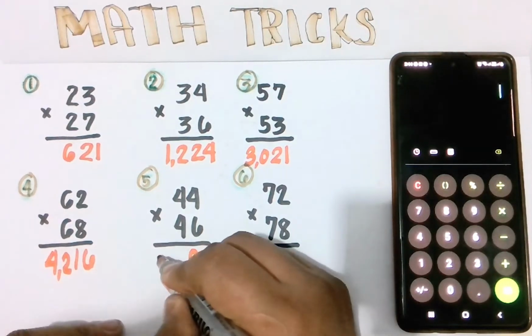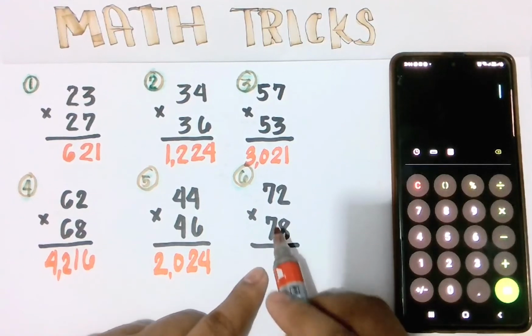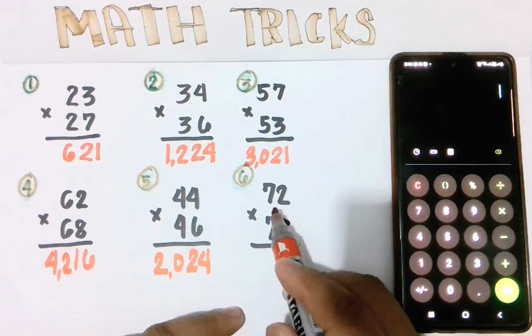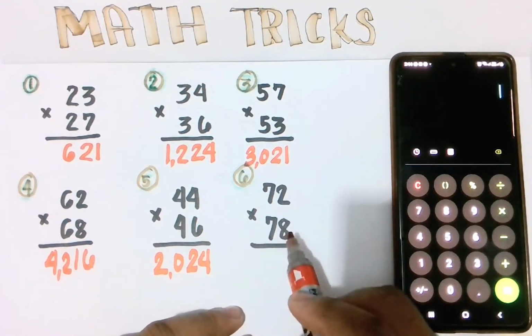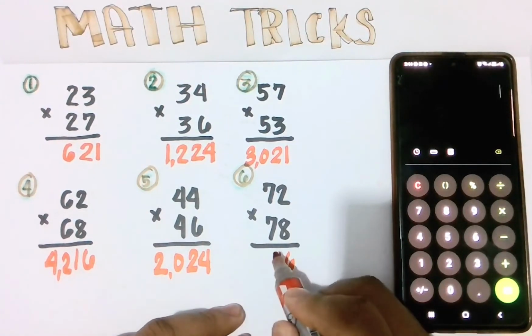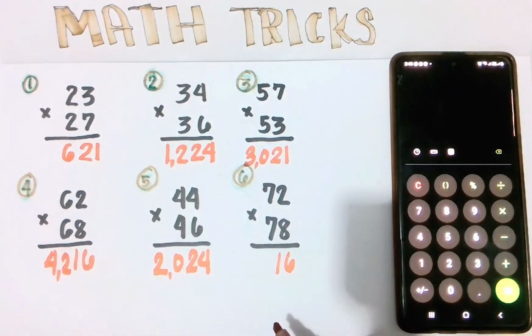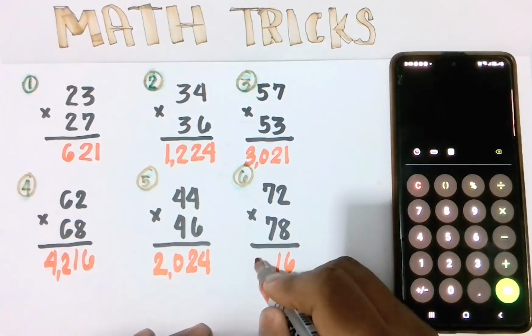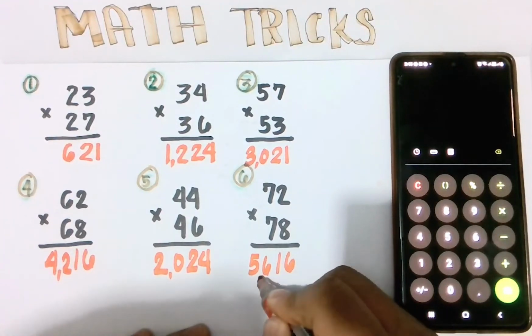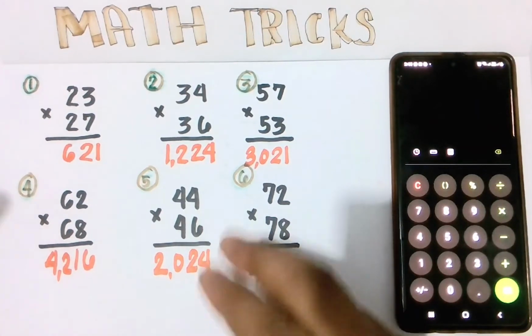That's 20. Okay. And last example is 72 and 78. So, 8 times 2, 16. At ang first digit natin ay 7. So, ang kasunod niyang number ay 8. 8 times 7 is 56. Alright. So, ganun lang kabilis mag-multiply ng 2-digit numbers under this condition.